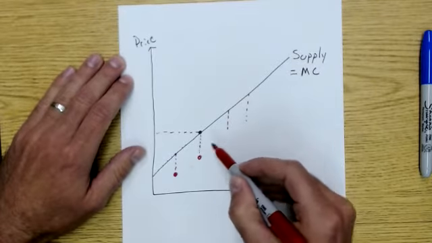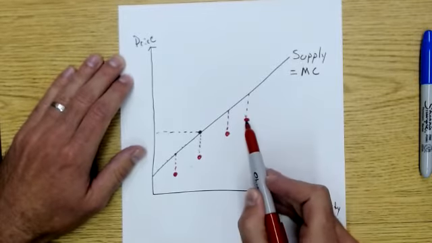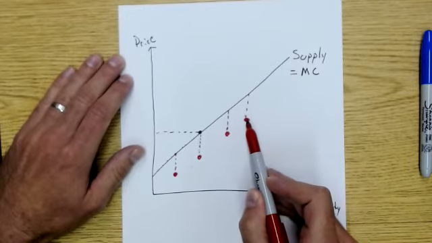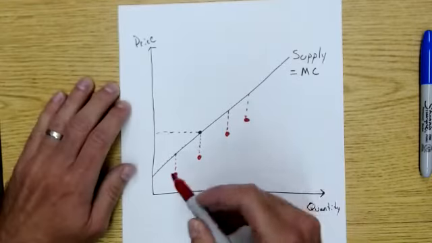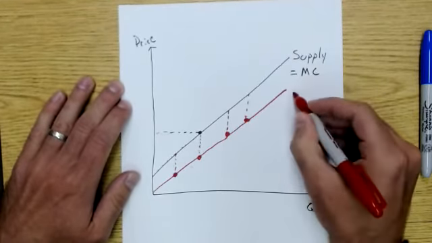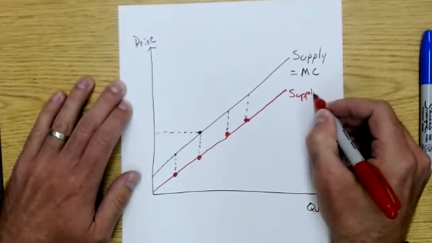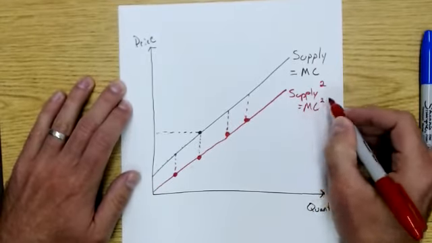So at every given quantity, the price that I'd be willing to sell at is now lower because it now costs me less to produce that number of units. So I draw a line through here, and we'll call this supply 2, which reflects lower marginal costs.